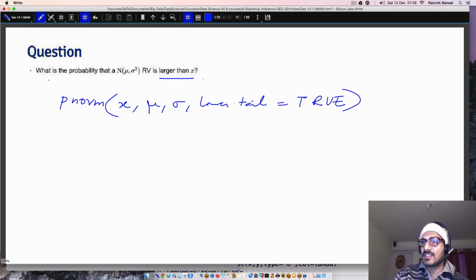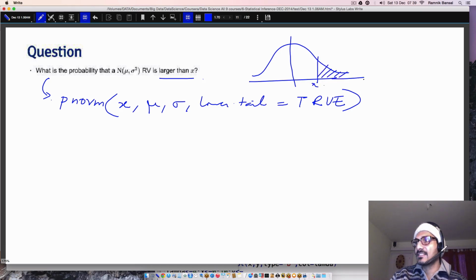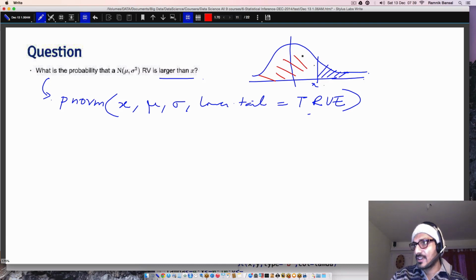This will straight away give me this answer. What am I looking at? Somewhere I get an X, and I'm interested in this. If I take it as false, I'll get this portion. So this is for false and this is for true.